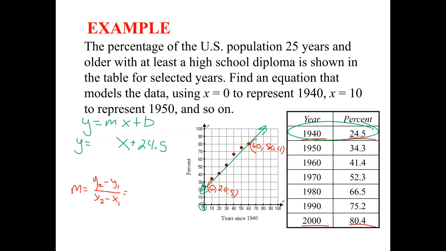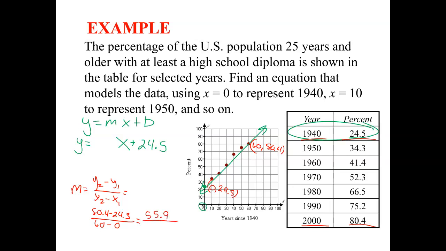Now we can plug those into our slope formula. All right? So 80.4 minus 24.5 over 60 minus 0. 80.4 minus 24.5 is 55.9.